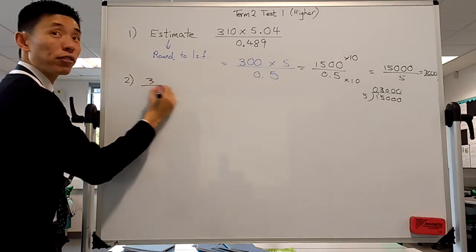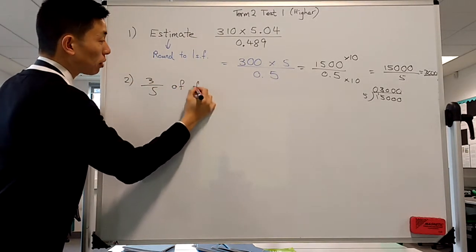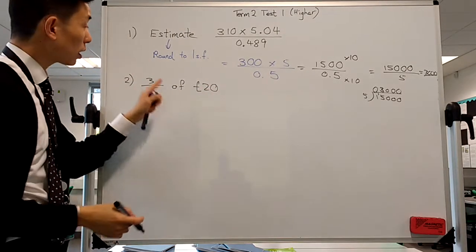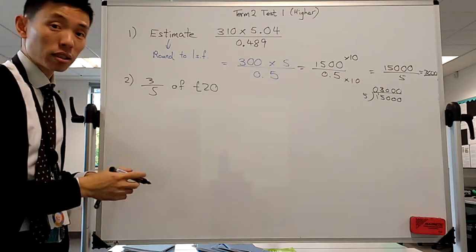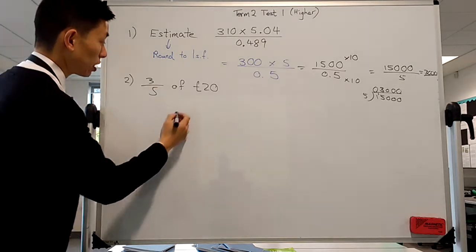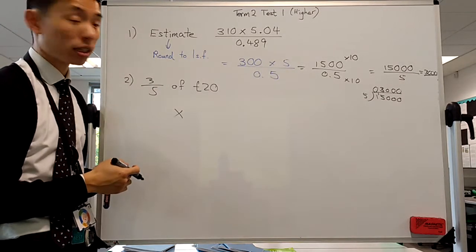Calculate 3/5 of £20. You must first understand that 'of' means how many lots of, that is a multiply operator.